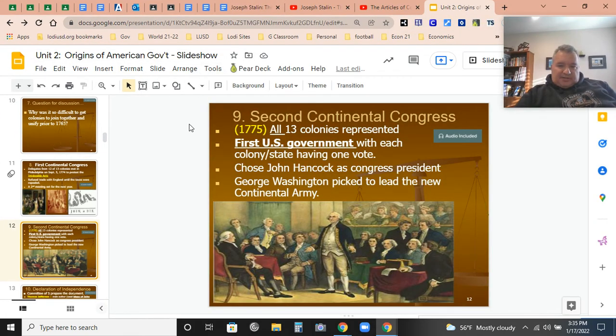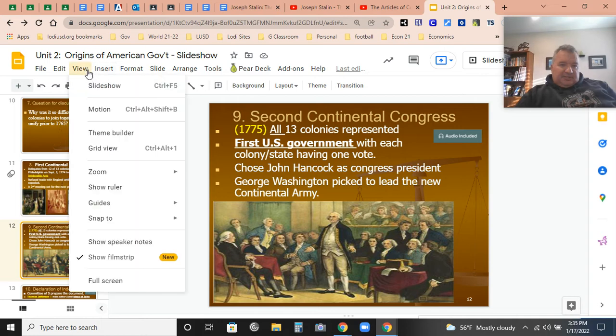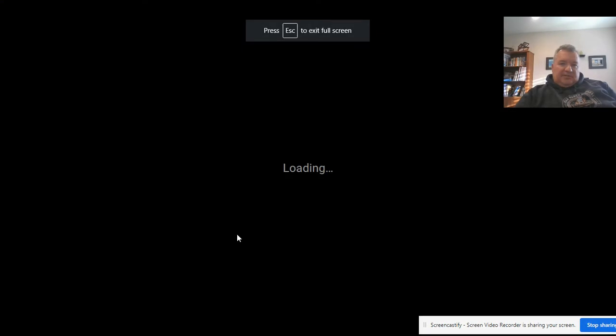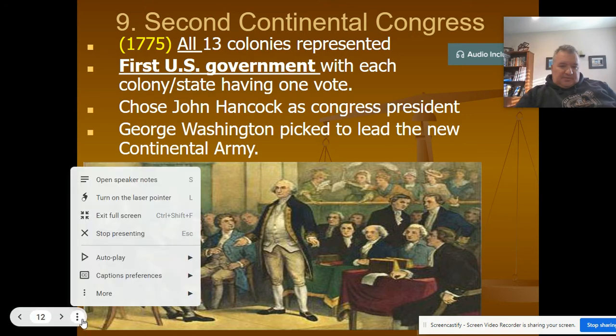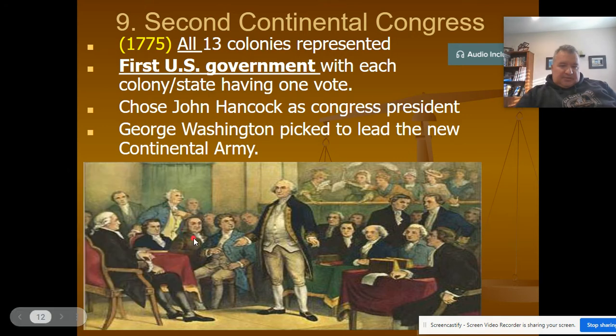Here you have the Second Continental Congress meeting. Let's see who we can recognize here. Definitely George Washington in the middle here. Oh, I don't know if I recognize any of the rest of them. This one, that might be Ben Franklin. I'm sure John Adams is there.